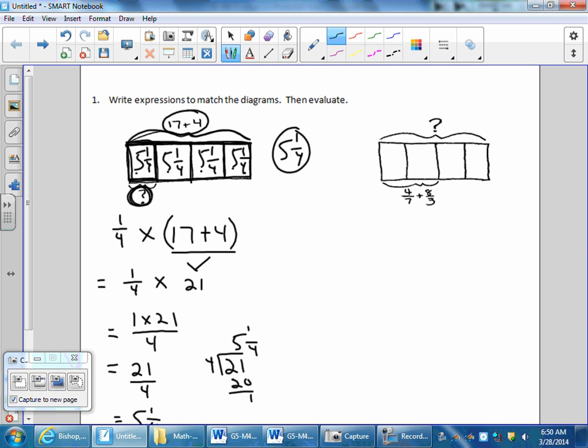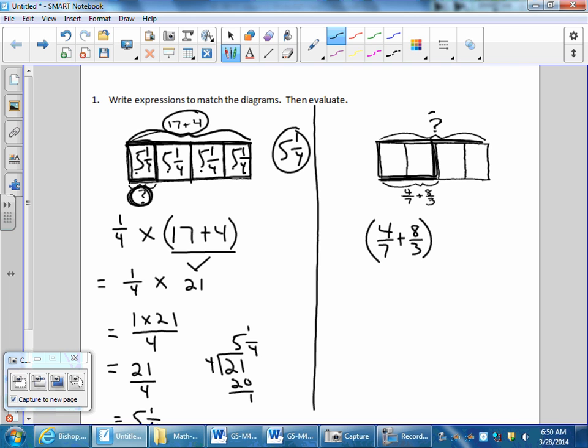On the other side, I do not have the total, as I did on my left side problem. I see that I have a portion of the total. We have 4/7 plus 8/3. It's this section right here.